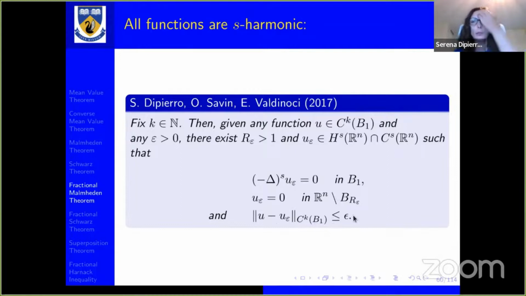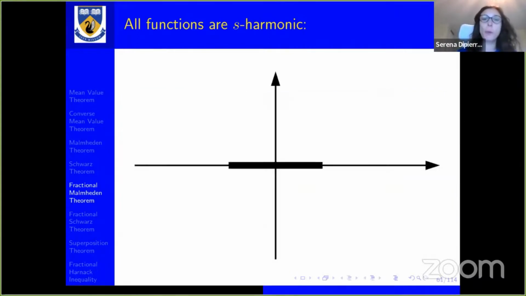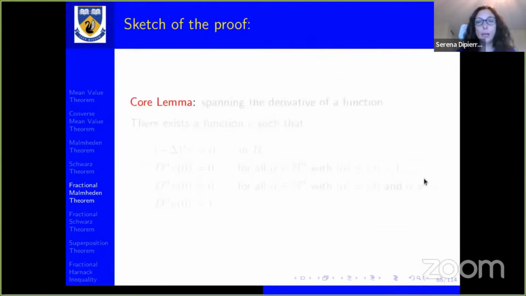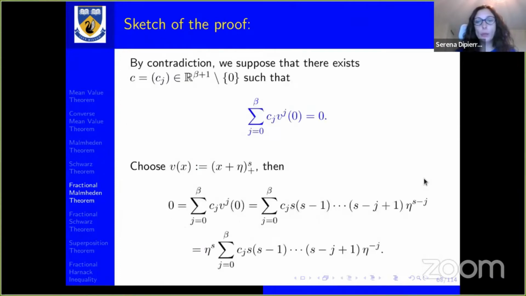We will use this density result today to prove the fractional version of Courant's theorem, at least for one of the two proofs that I'm going to give. The heuristic behind it is that you are forced to stay close to the given function in B1, but you have some room to play with the function outside B1. So we gave the proof.